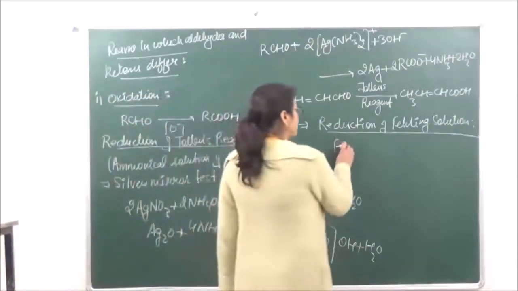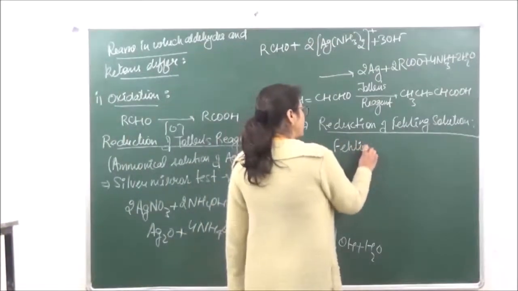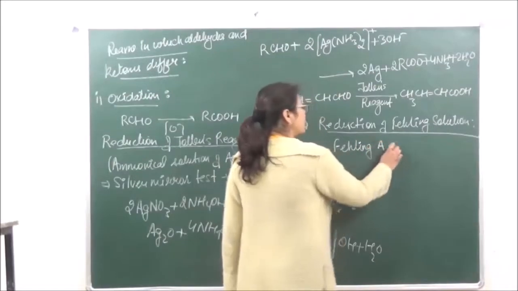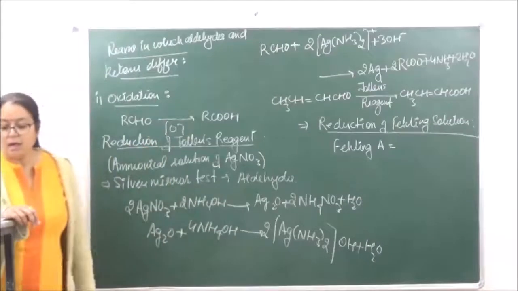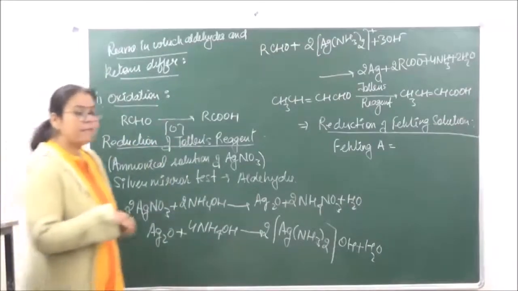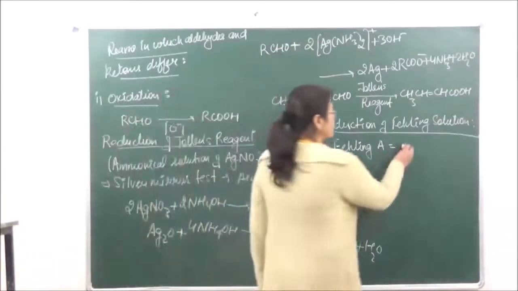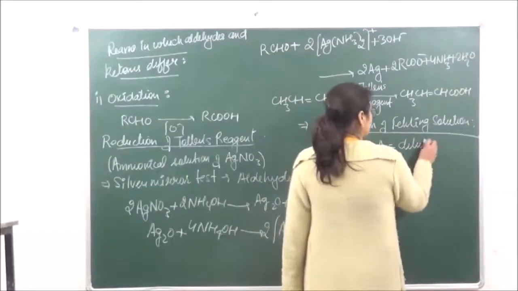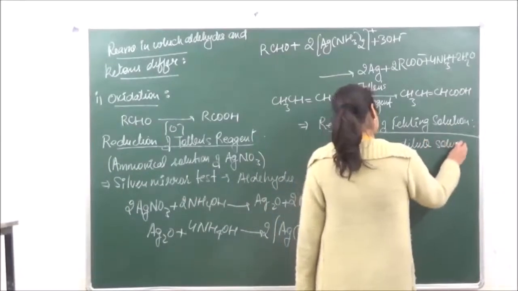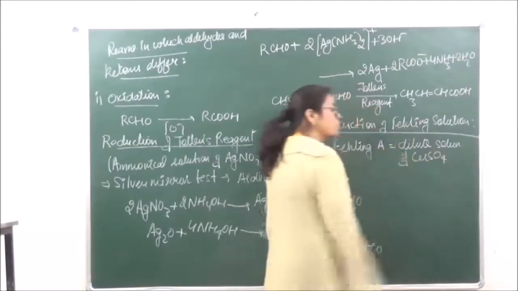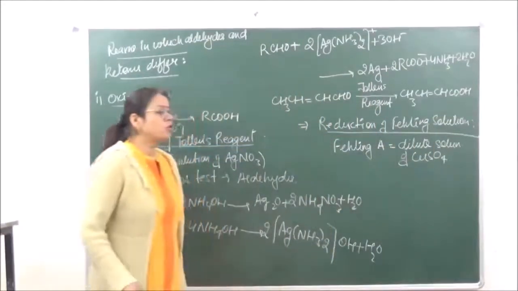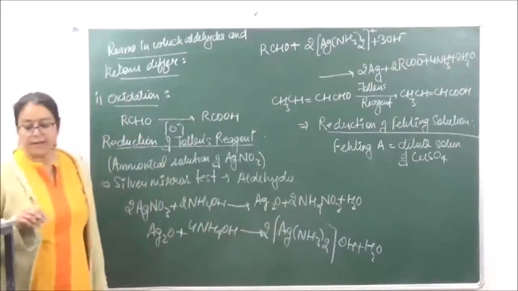The first one is Fehling solution A, which is a dilute solution of copper sulfate, blue in color.